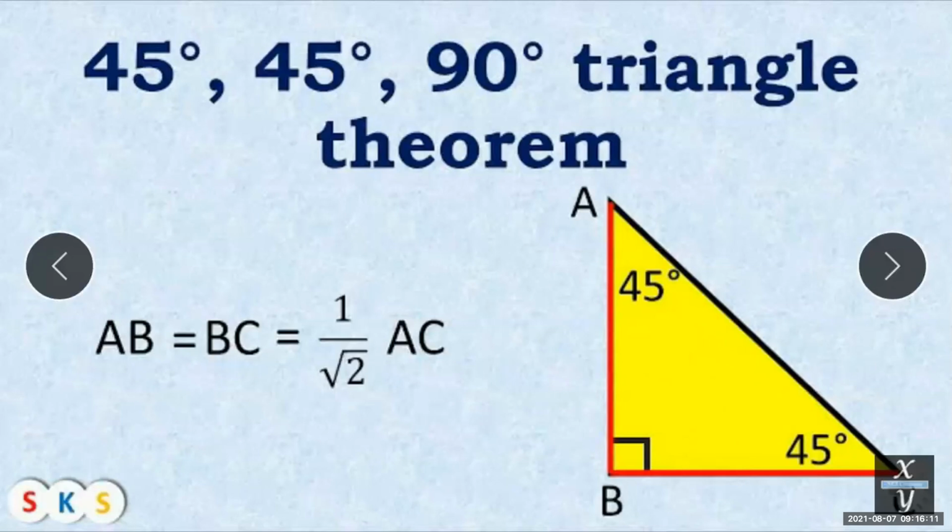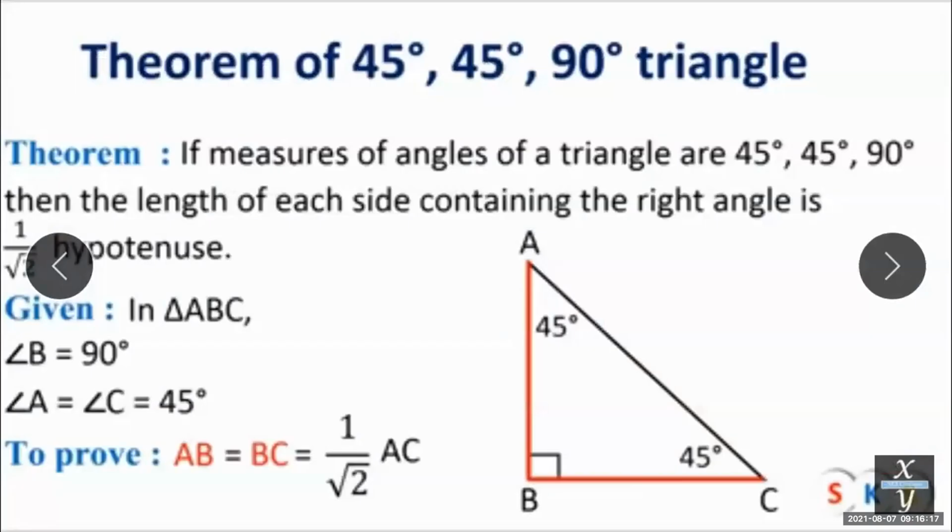This is the statement. See the theorem statement here: if the measures of the angles of a triangle are 45 degree, 45 degree and 90 degree, that is the common statement for each.